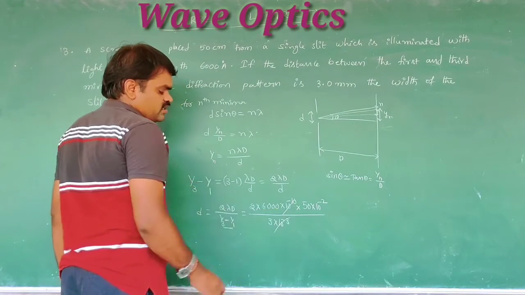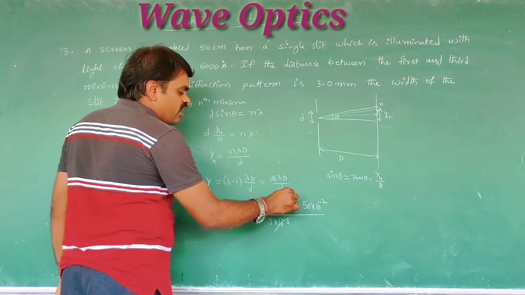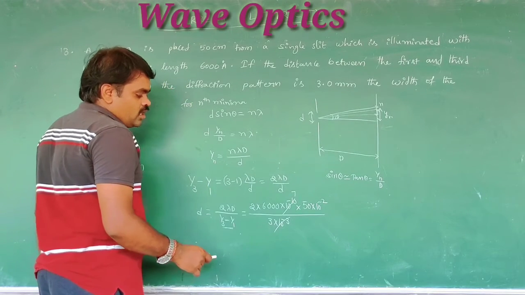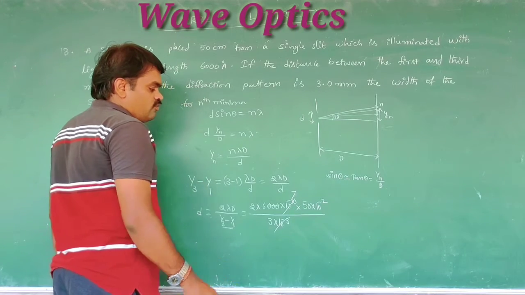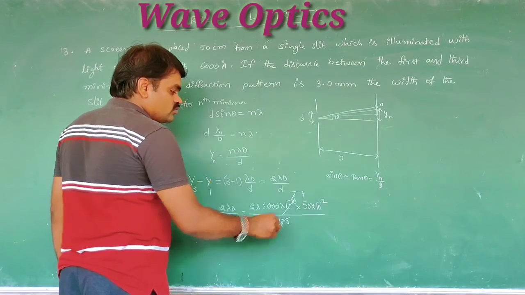Here we cancel. What do we get? Here 7 minus 7. Now here 3 zeros, here minus means minus 4.